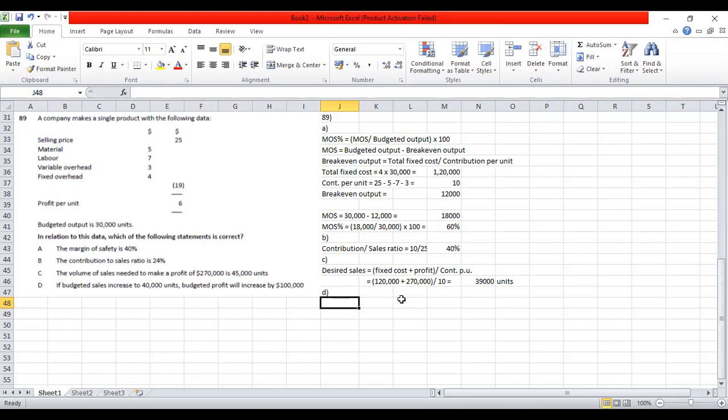So let's have a tabular form: the present or budgeted level, and the proposed level.